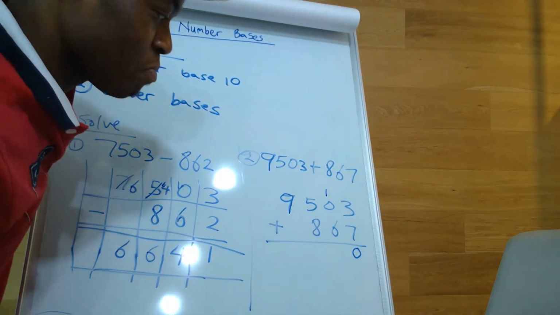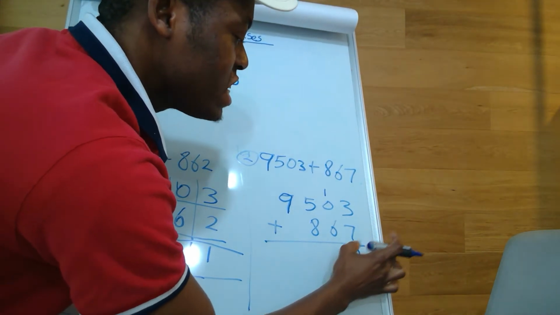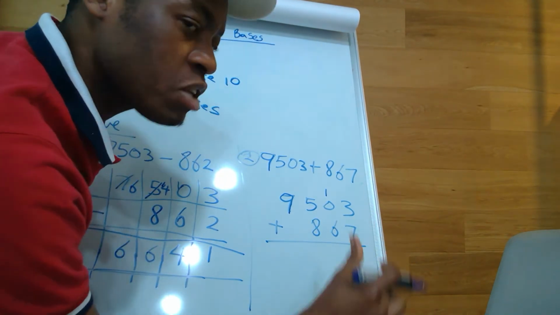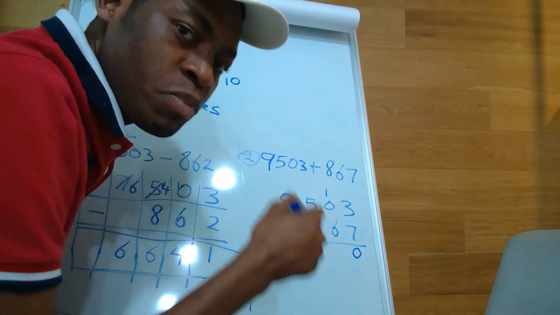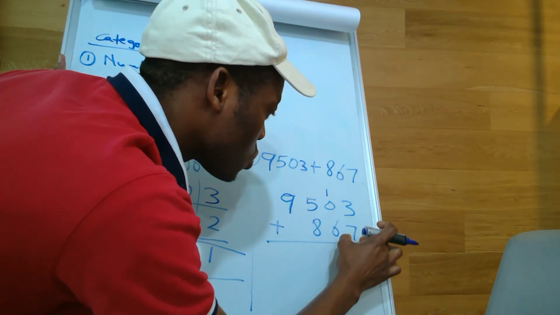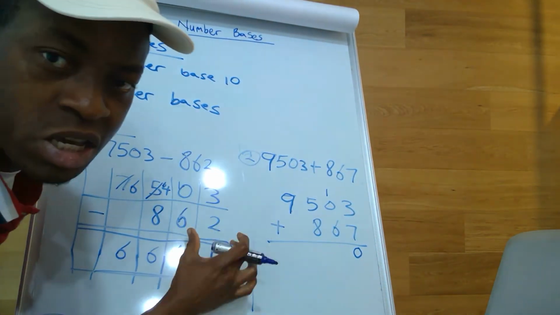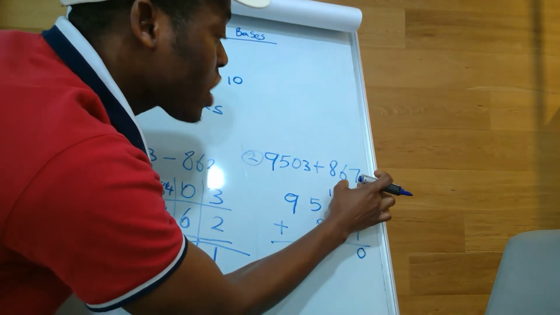Now let me tell you, what we are doing here is base 10. That is why you remember the law I told you earlier. The number you write must not be more than the base. Each number you put inside that small box, like the boxes we used to have in our 2B, must not be more than the base. We are working in base 10.